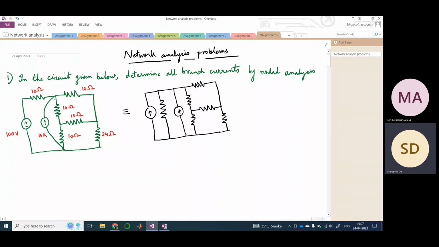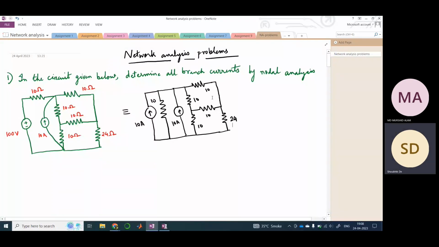So this is 100 volt divided by 10 ohm, which is 10 ampere. This is the 10 ampere current source. Then this is your 10 ohm resistor. Again, this is a 10 ampere source, and these are the remaining resistances of the circuit.